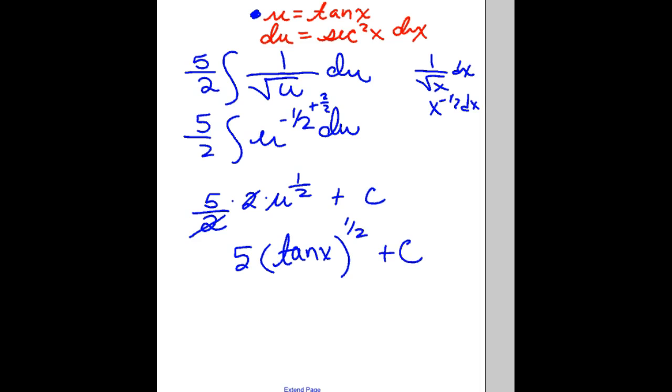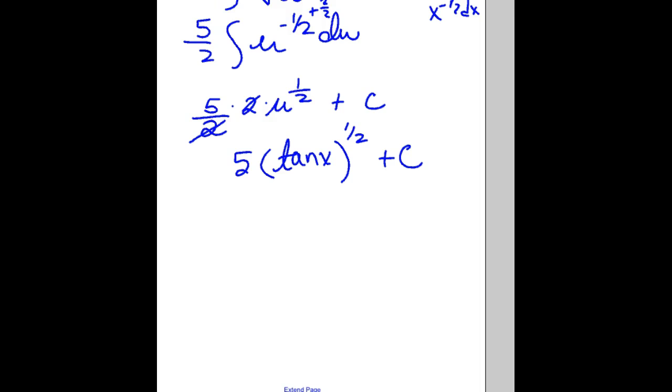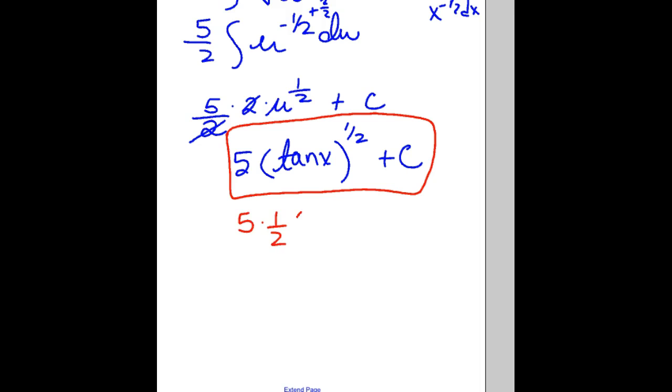And again, I want to show you this being checked. If I did it right, when I take the derivative of my integral, it better give me the original function back. Let's do it. The 5 stays out front. I'd bring 1/2 out front. I'd do tangent x. I'd subtract 1, because again I'm doing a derivative.